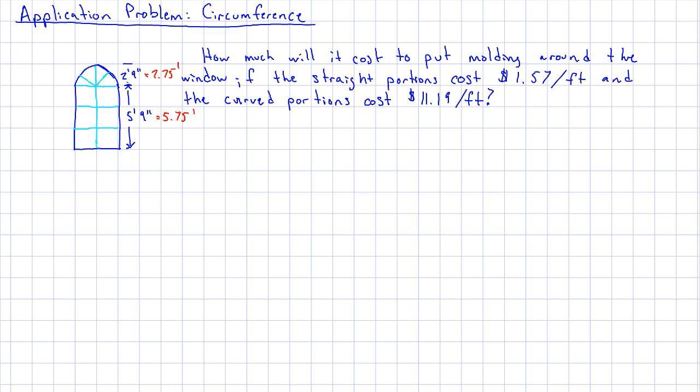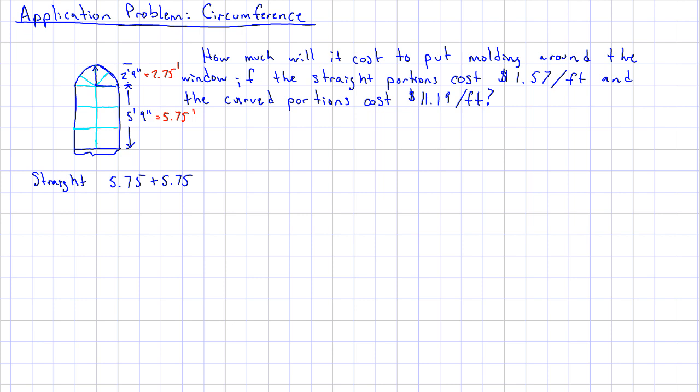So the perimeter for the lower portion here, for the straight components, I'll do them separately because the costs are different. So for the straight components, I'll have 5.75 plus 5.75. That will account for my 2 vertical components. I still need to account for this bottom, and it's not explicitly given to you, the length there, but I know that the radius of this upper circle is 2.75 feet, and that radius is true all around.